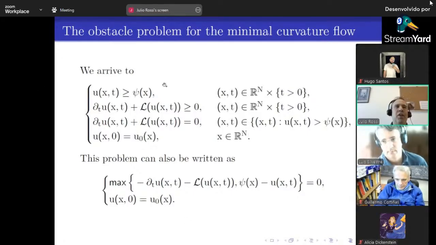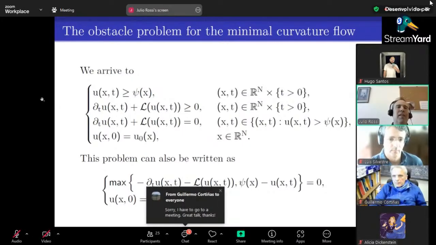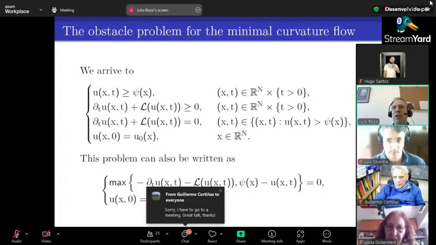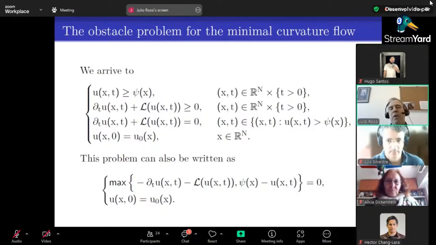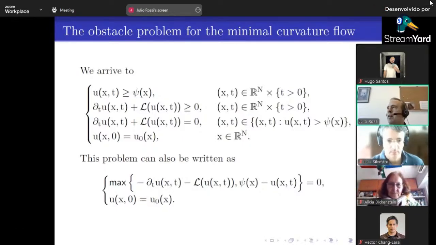I also expect that solutions to this equation, if u naught and psi are smooth enough, then the solution is C1 alpha. But I will not expect more regularity than that, because for the convex envelope of a boundary data, the optimal regularity, I think is C1 alpha, or if it's not going to be C2 at least, I think it's C11.